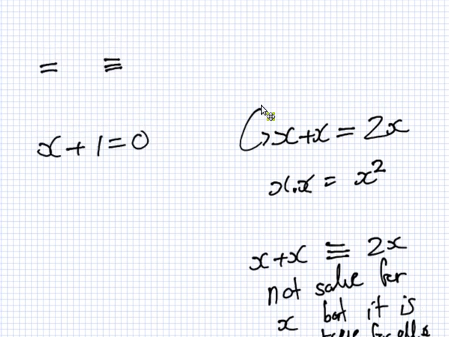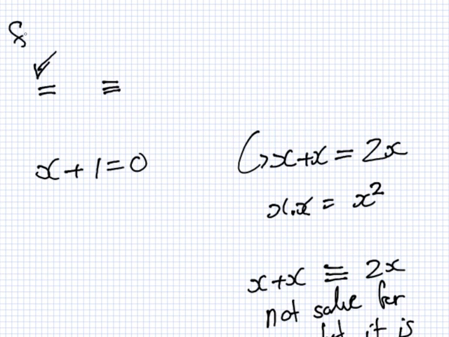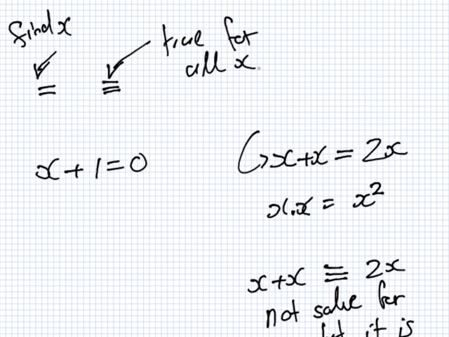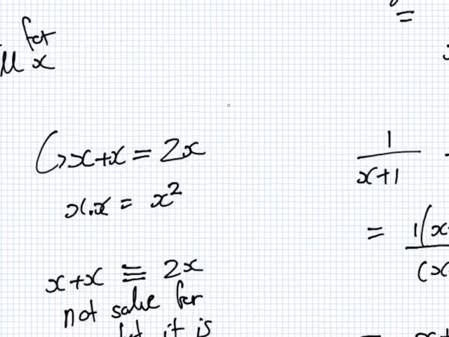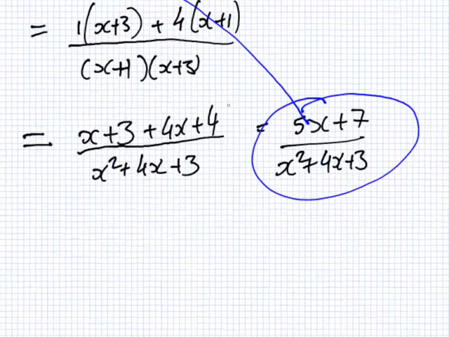So the difference here is with equals, you can find x, and with identities, it's true for all x. Yes? You get the difference language here? Okay. So let's have a look at our first example. So I have minus 12 over 3x squared plus 8x plus 4.